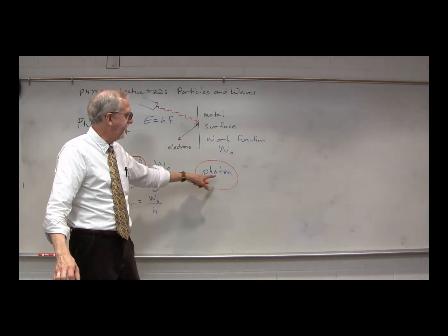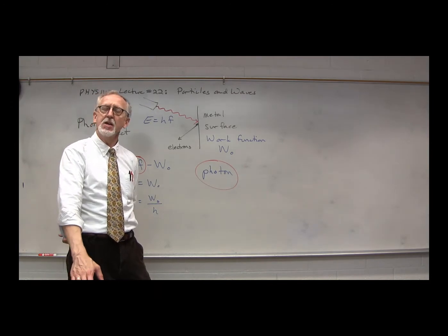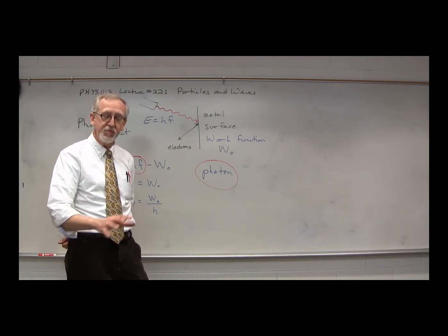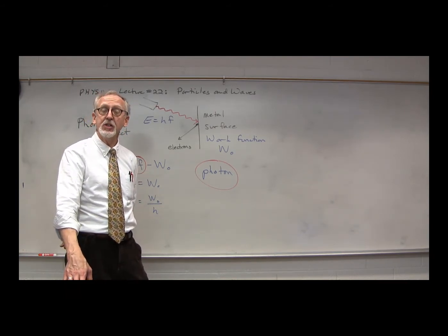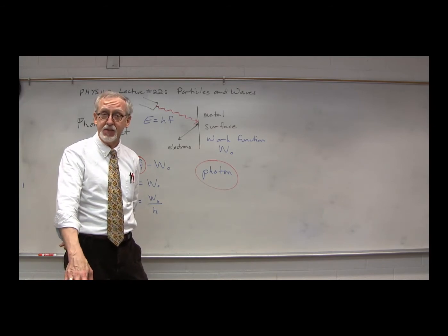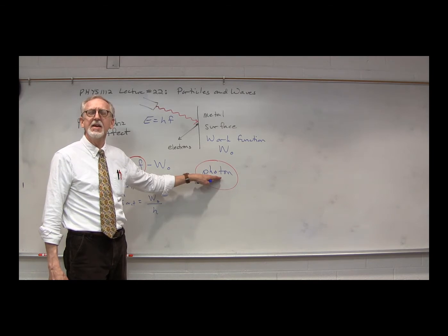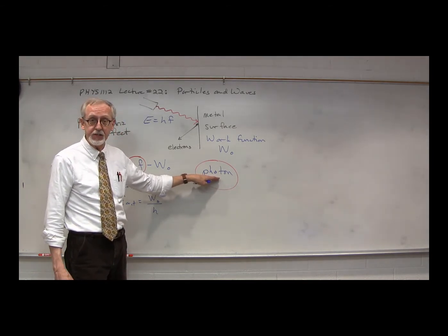How can light be these photons when we've already demonstrated that it had to be a wave in order to explain the double-slit experiment? The wave nature of light would very simply explain the constructive and destructive interference that we saw that was created by the double-slit experiment. How can light now be these little particles instead of waves? Well, that's a very, very good question.